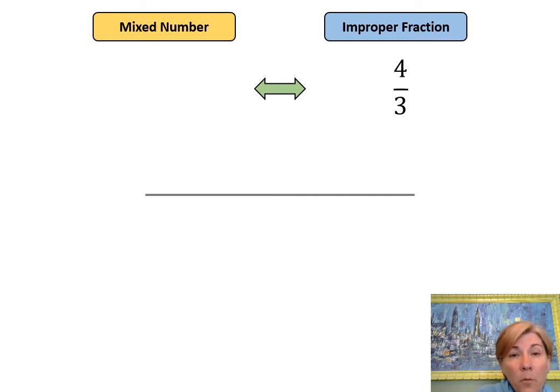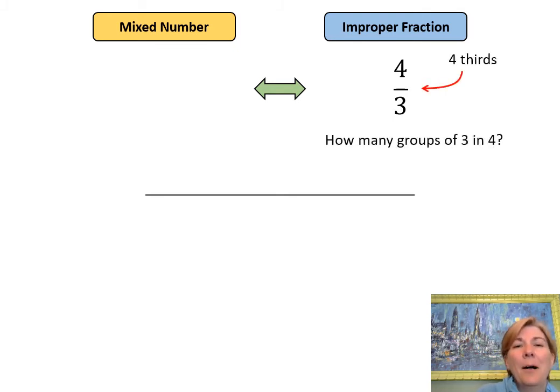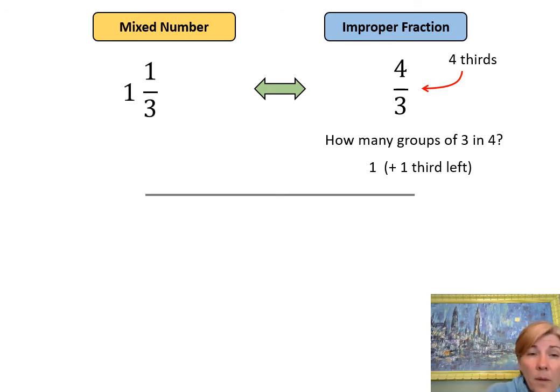If I have 4 pieces, I can make one complete cake if they're cut into thirds, which would be really big pieces of cake. So how many groups of 3 in 4? Well, there's one group of 3 and then one piece left over, or 1/3 left over. So I can write my mixed number like that.